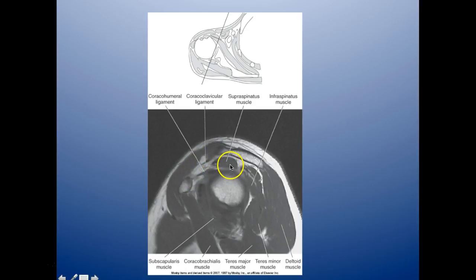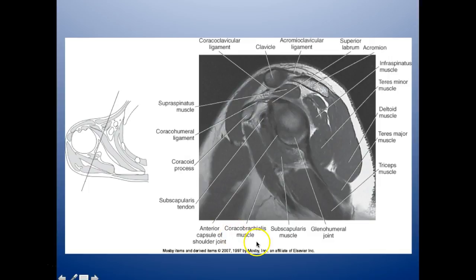Here's your supraspinatus muscle, your infraspinatus muscle, your deltoid. Here's your teres minor with your teres major down lower, and you've got your coracobrachialis muscle with your subscapularis muscle here.